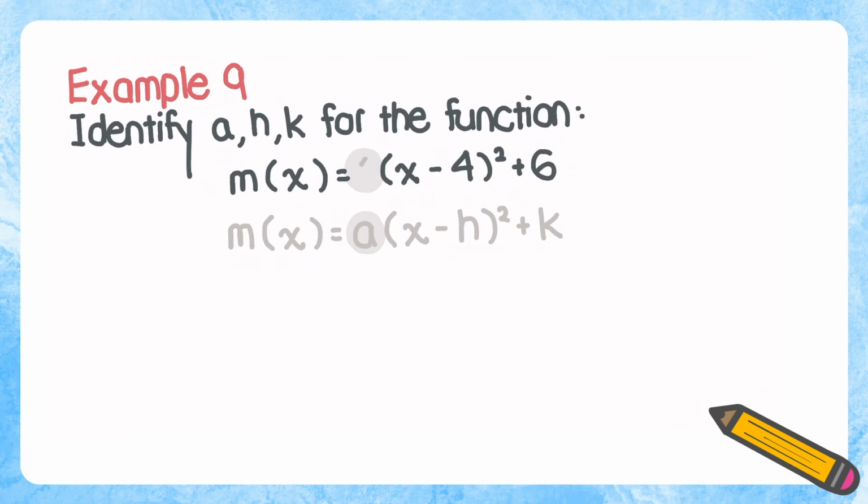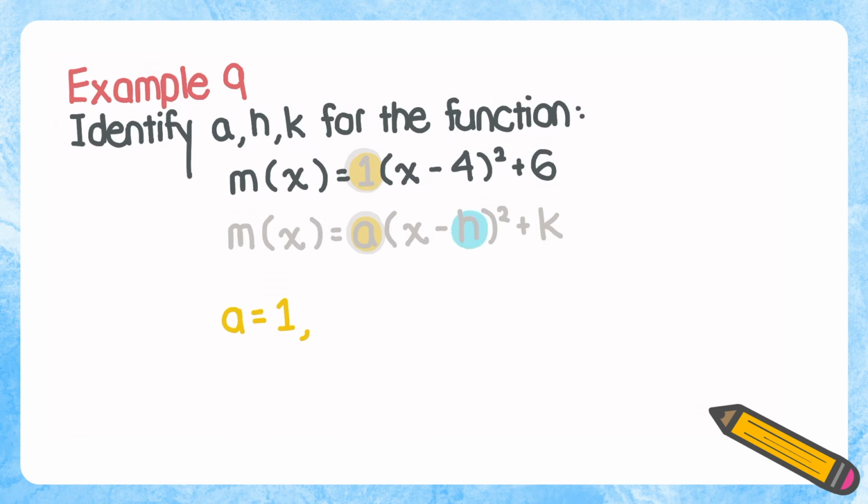Right here, there's actually an invisible 1, similar to how we write x rather than 1x. So I know by this that a is replaced by an invisible 1, so a equals 1.